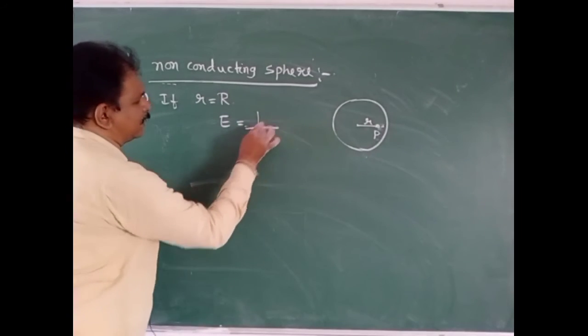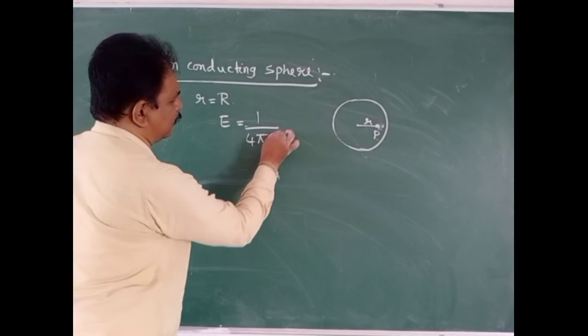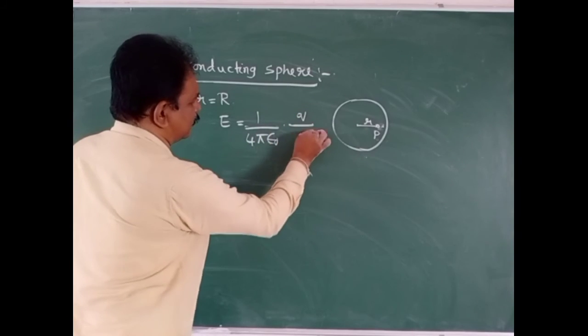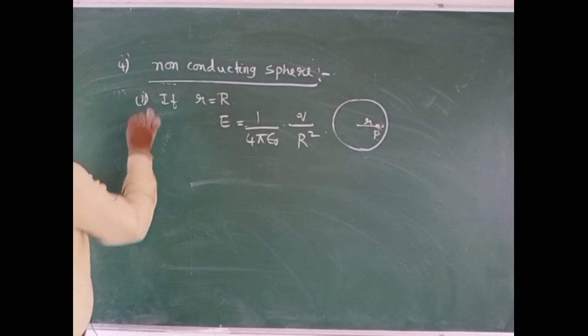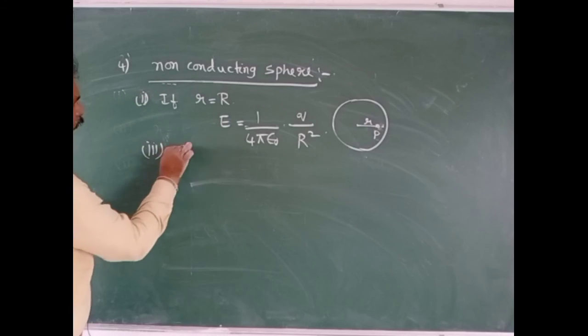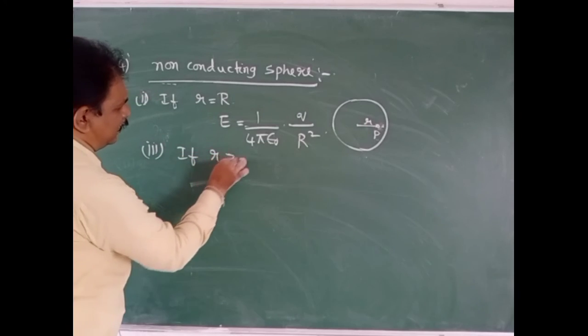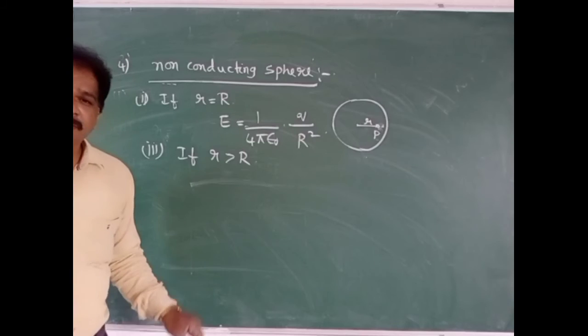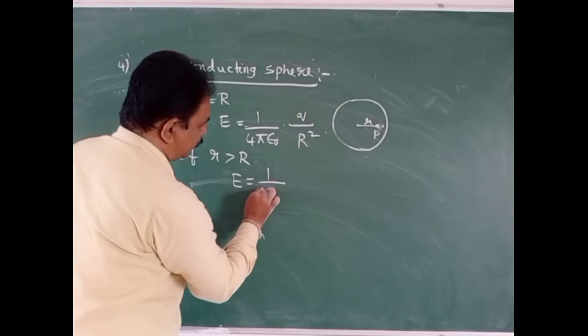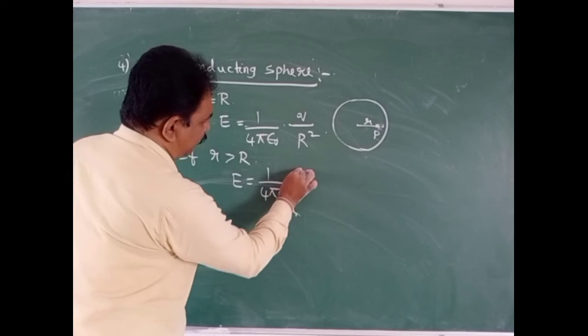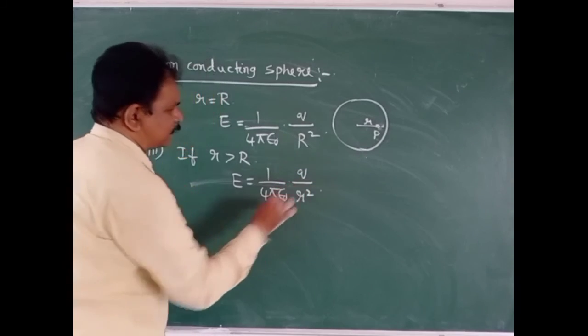For conducting sphere, what is the formula? For non-conducting sphere also the same formula we will use. This is the second one. If R is greater than capital R, in this case also, the same as the conducting sphere, what formula will be there? Same formula we will use, Q by R square.